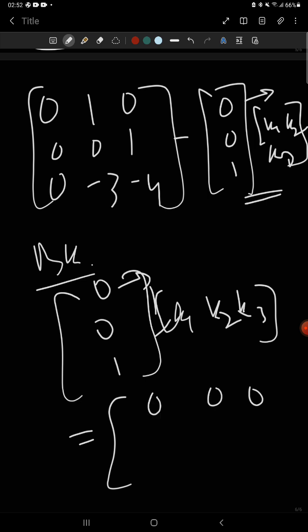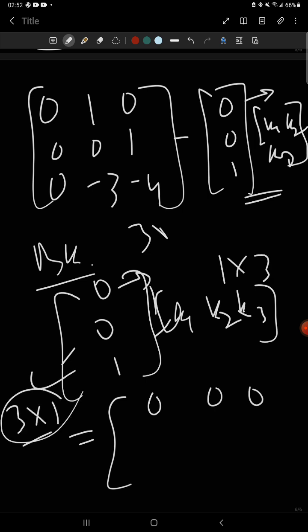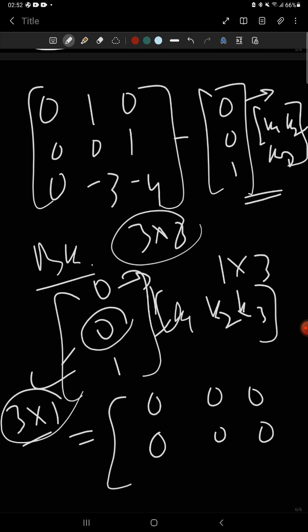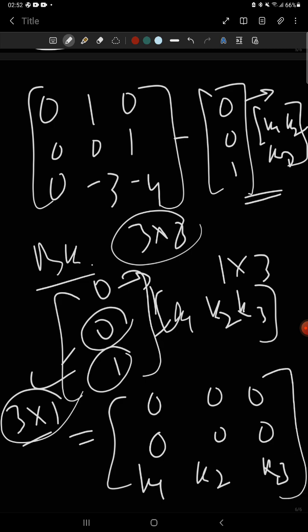First of all, there's a 3 cross 1 matrix, there's a 1 cross 3, so your output will be simply a 3 cross 3 matrix. Now again, with this row I'll multiply all of them, so it will be 0 0 0, and then with this, if I multiply, it will be K1 K2 and K3, right? So that is my BK.